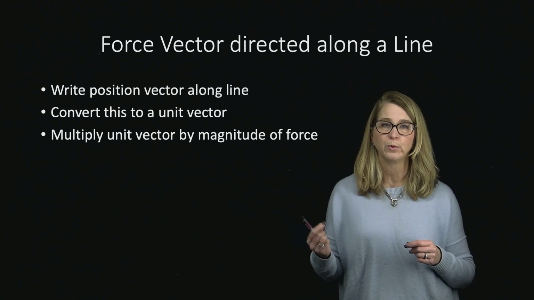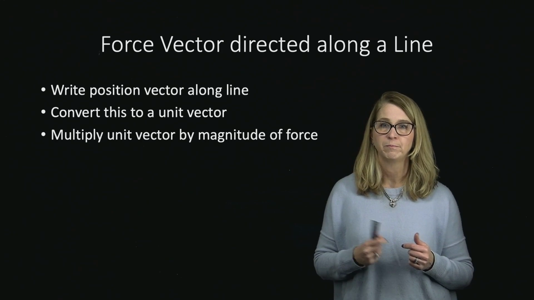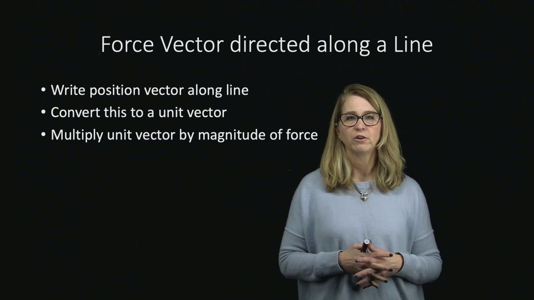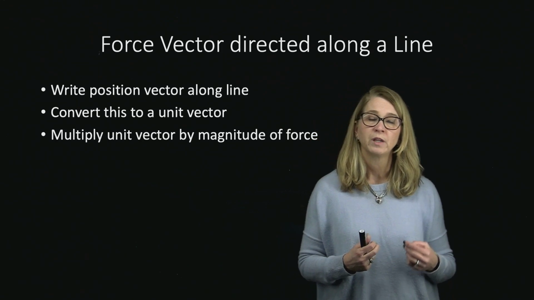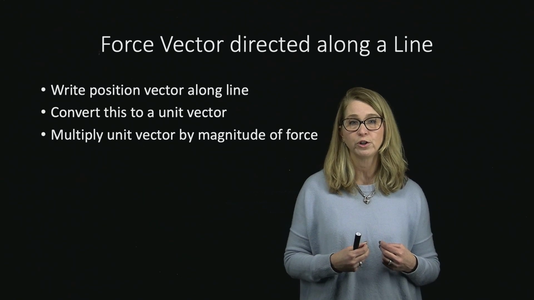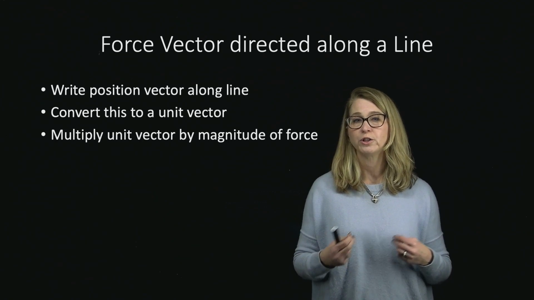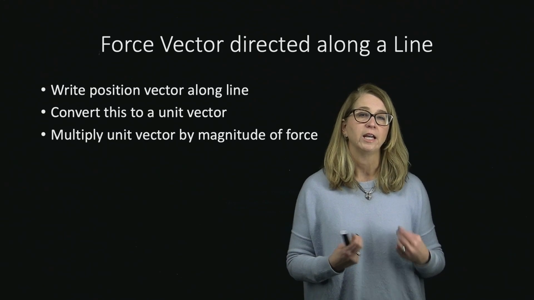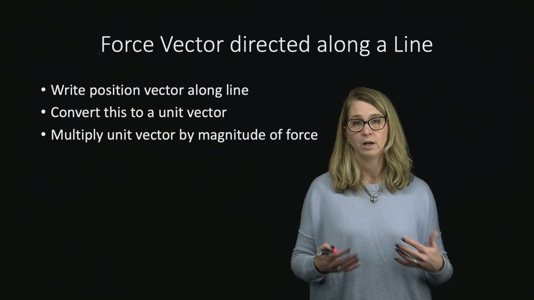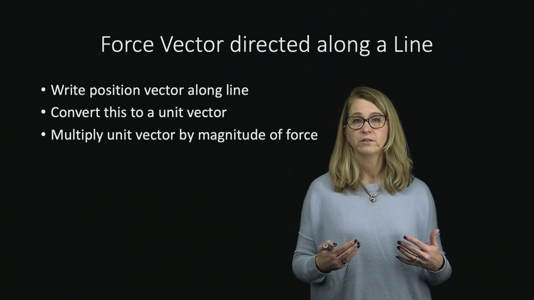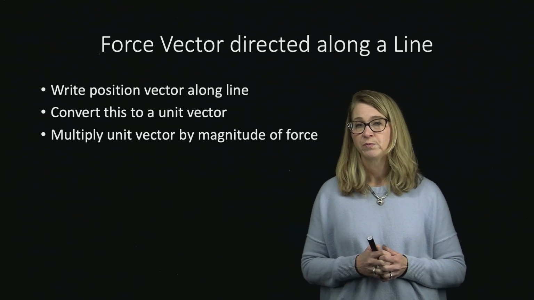So if the force is pointing from A to B, you want a position vector that points from A to B. It's easy to figure out if you're doing it backwards or not, because you can look at the picture and determine if the X, Y, and Z coordinates should be positive or negative. And as long as your value gives those correct positive or negative signs, then you know that you've done it correctly. And that's just if you're getting confused.